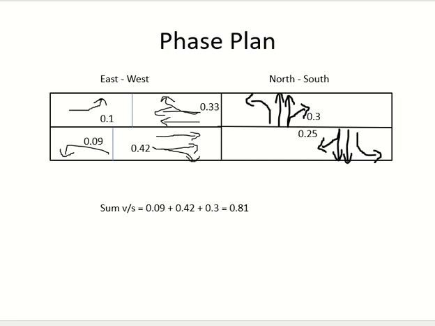So you have to take the summation. You cannot take it separately because this is extending in the other phase. Clear? So 0.51 from that side, 0.3 from this side. Total 0.81. So we'll design for which V by S ratio? 0.81.